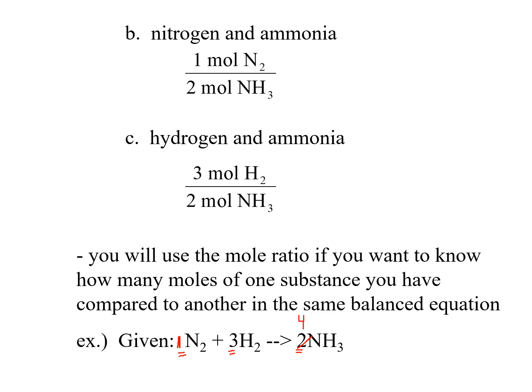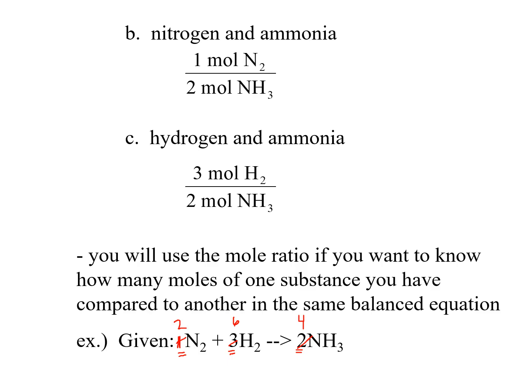So if this were 1 N2 to 2 NH3, now if I double NH3, I'm going to have to double the N2 also, which means I would also have to double the H2. And so those are the new numbers that I get: 2, 6, and 4. It's still a 1, 3, 2 ratio.